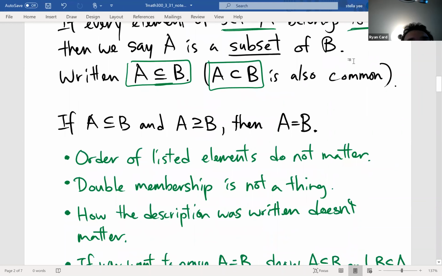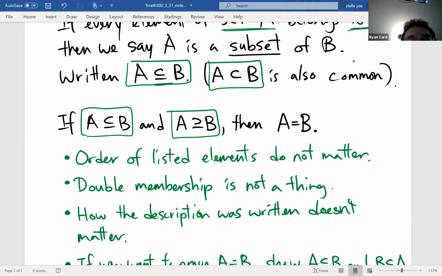And when we have A is a subset of B and B is a subset of A, you could flip the symbol with a mirror reflection and say A contains every element in set B. Sometimes people use the word superset to say that.